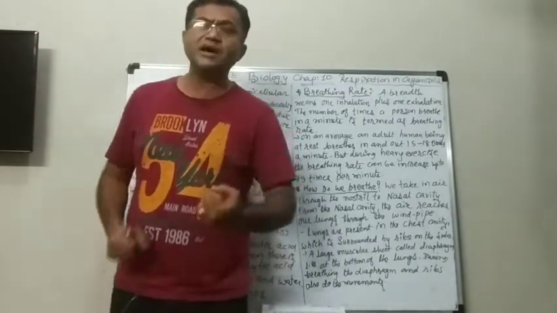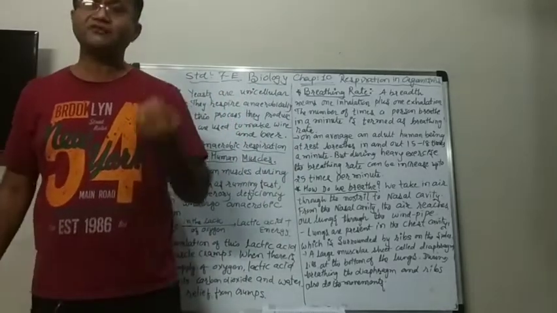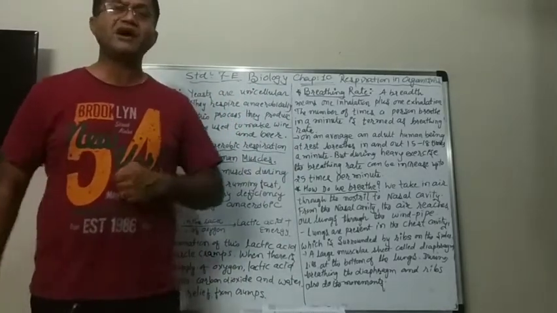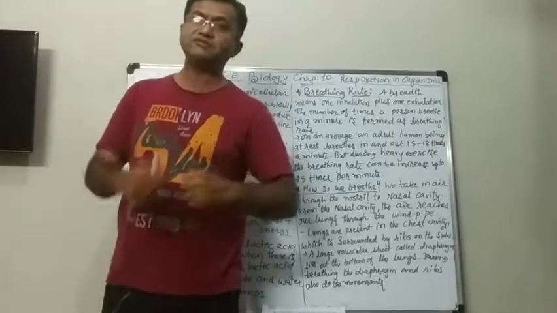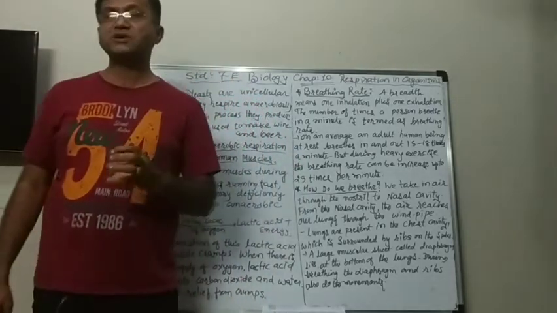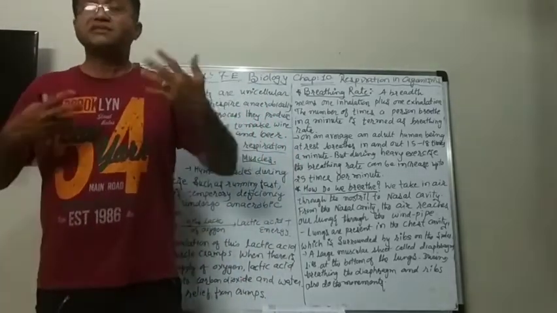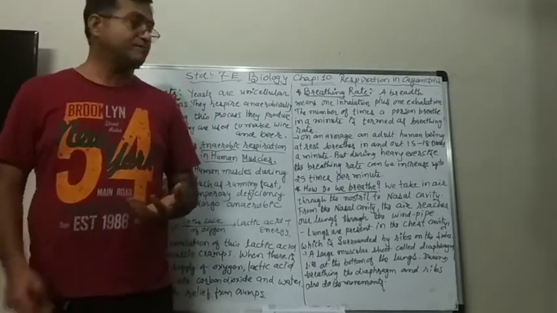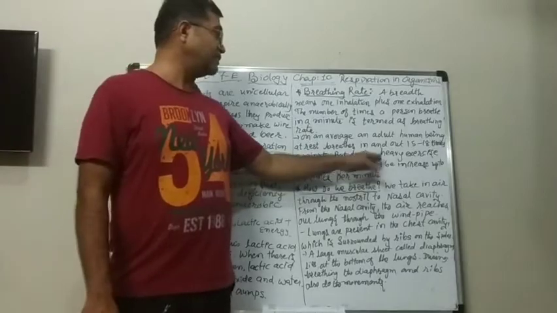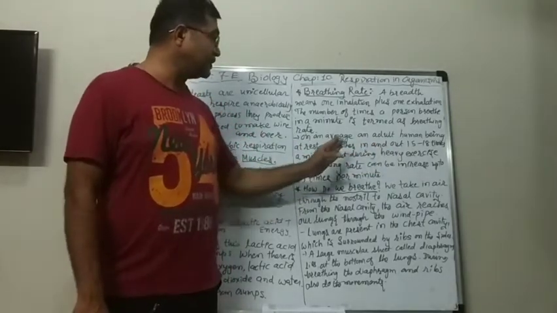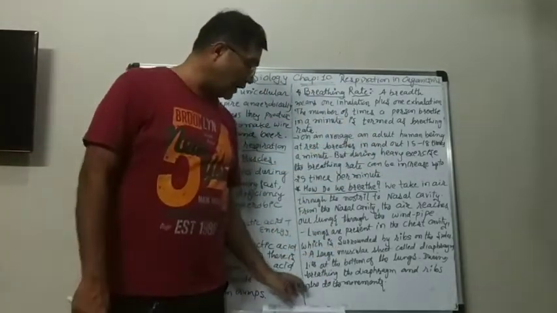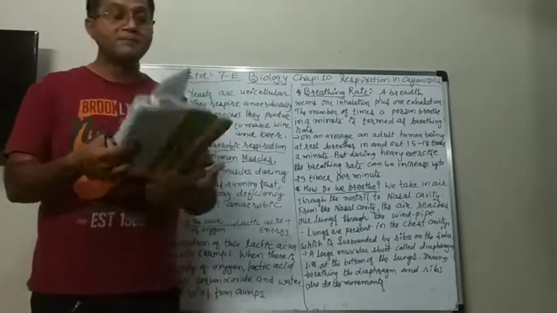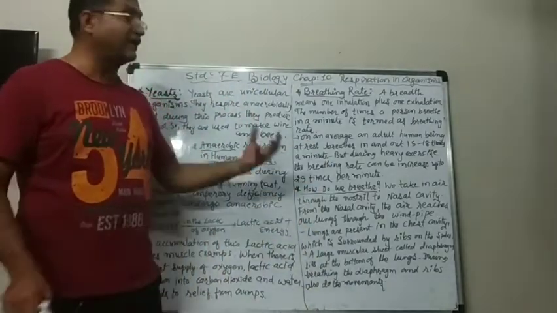But during heavy exercise, like when we run fast or cycle fast, or fight with friends, in this situation it can increase because at that time we take more breaths, more oxygen and so on. And therefore during heavy exercise the breathing rate can increase up to 25 times per minute.